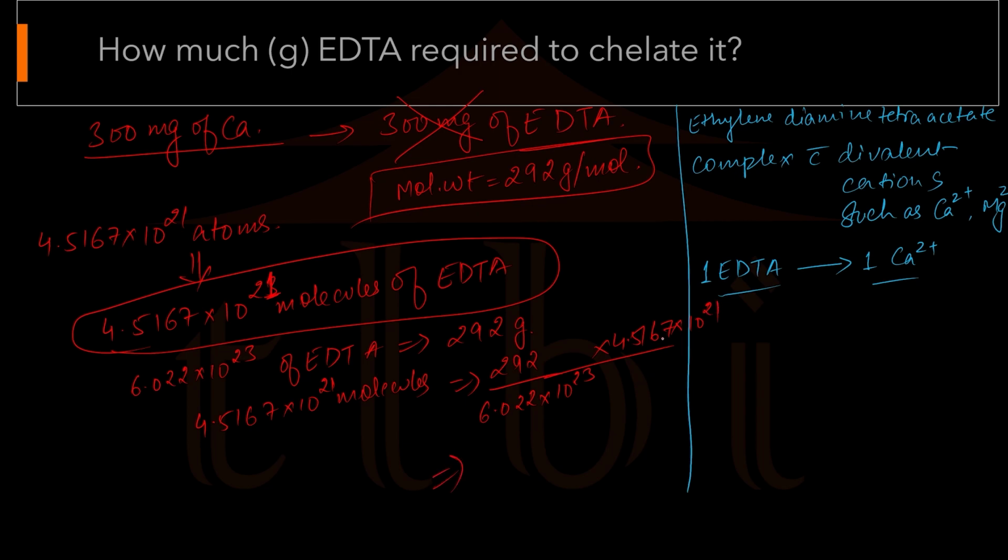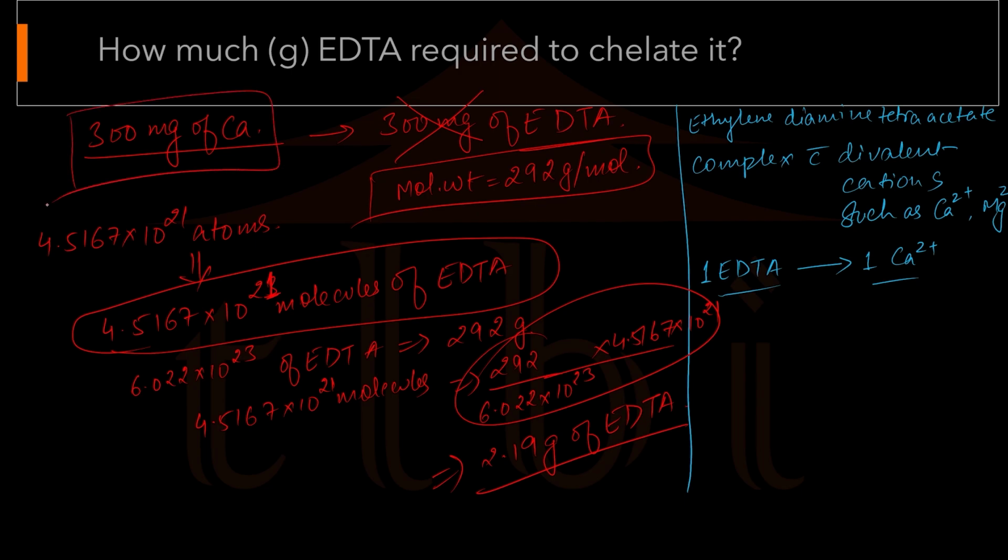Okay, and when you calculate all of this, you will get about 2.19 gram of EDTA. Alright, so that means to chelate 300 milligram of calcium, you will require 2.19 gram of EDTA.